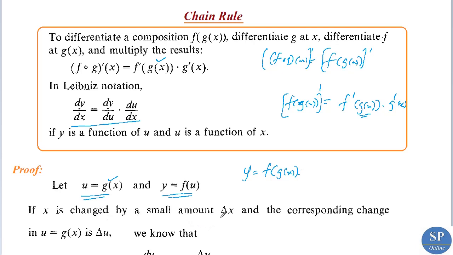Let delta x be a small change in x, and for a change delta x in x, there will be a corresponding change in u, let it be delta u, because u equal to g(x), u is depending upon x.